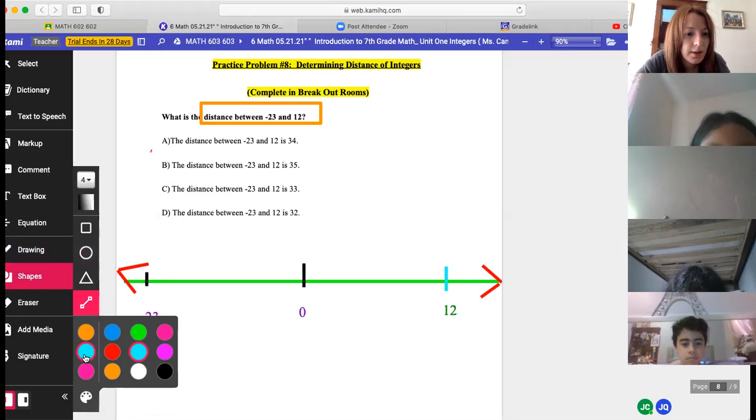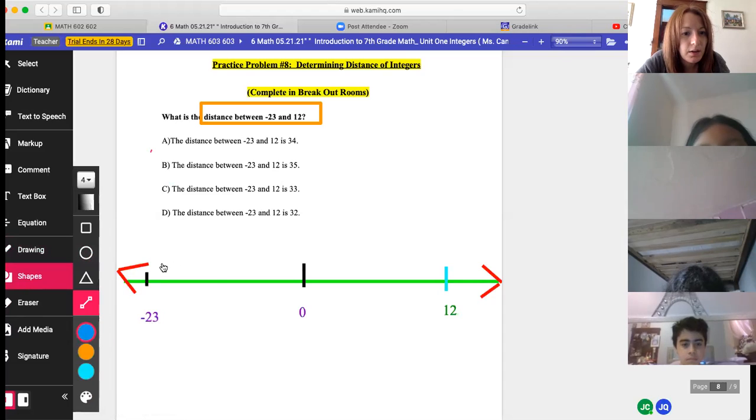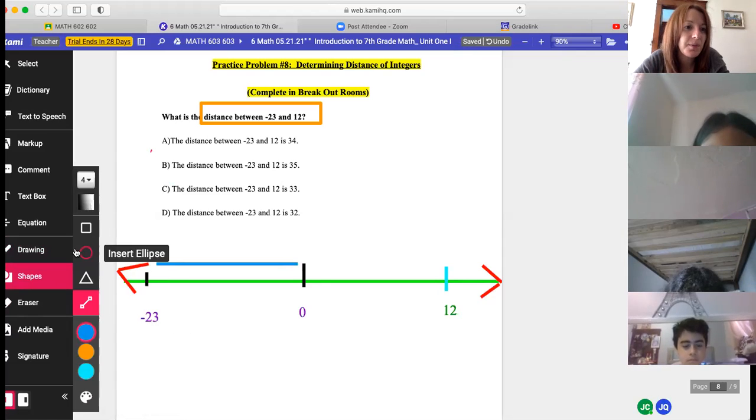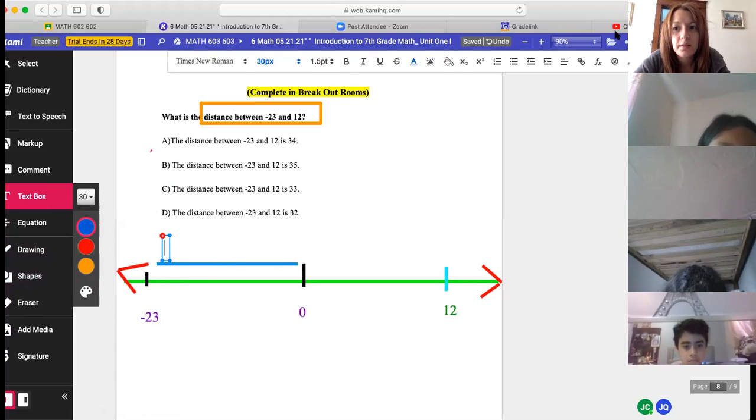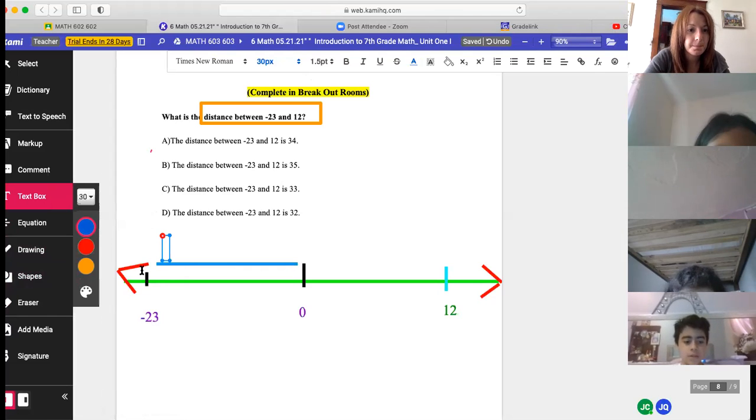What is the distance between -23 and 12? So Shay, the question I need you to answer in the chat is, how far is 0 from -23? She said 23.